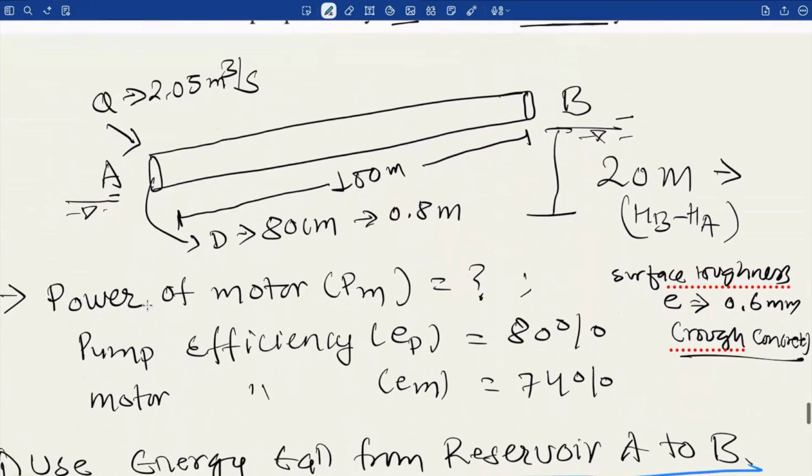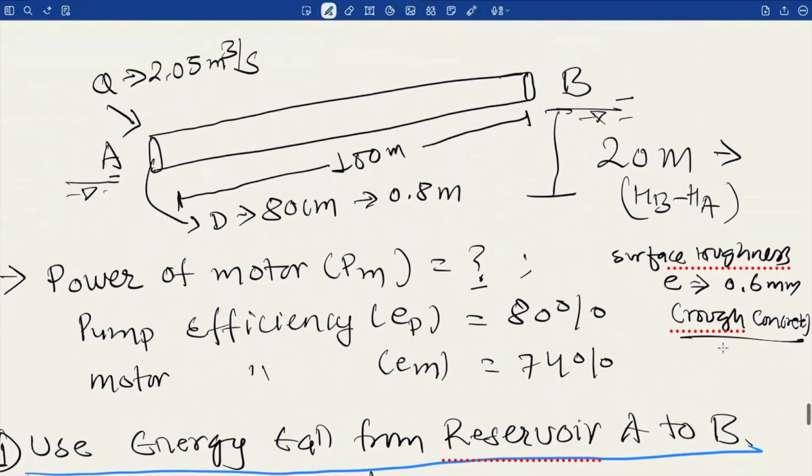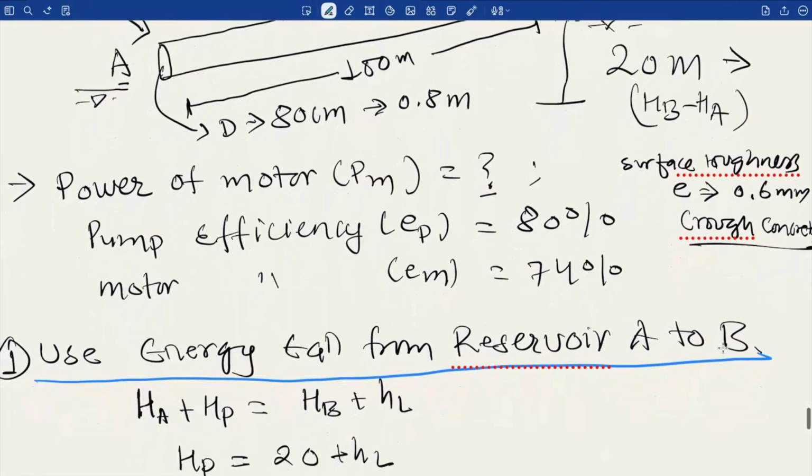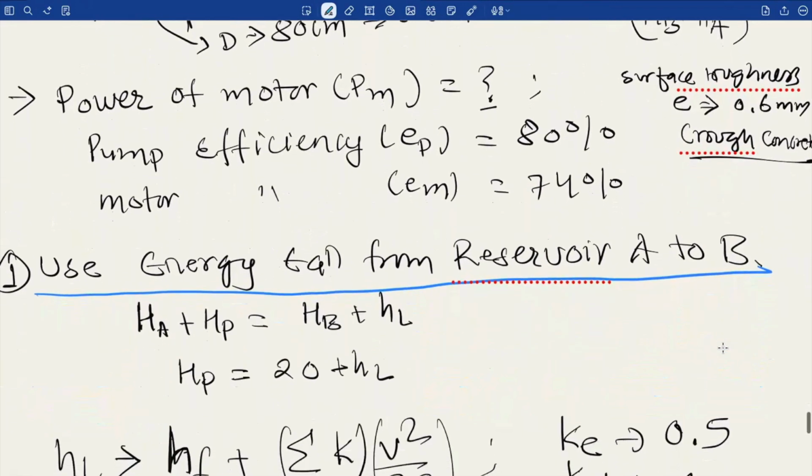I just write here power of motor, which we need to find, and pump efficiency is also given, motor efficiency is also given, and for surface roughness, E is equal to 0.6 mm, which is for rough concrete.